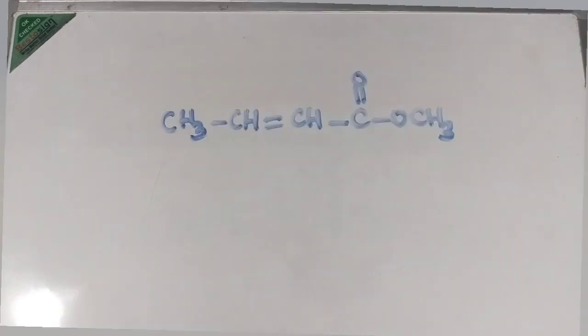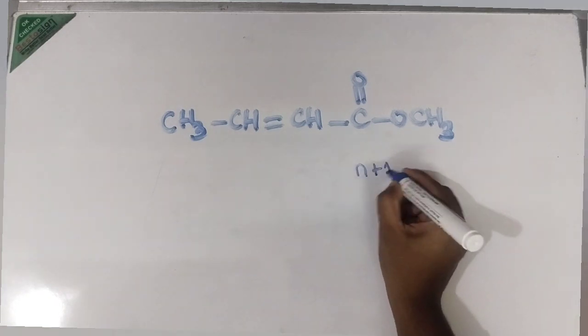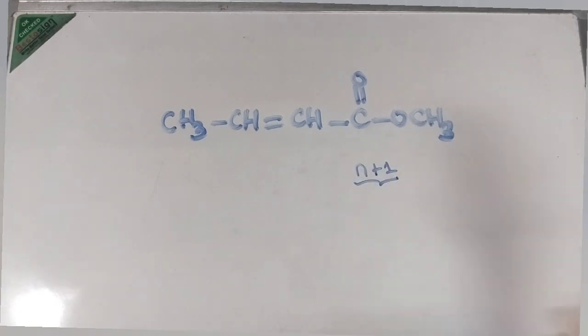Now we are going to predict the multiplicity. Carbon 13 multiplicity. Generally, what is multiplicity? You find it using the n plus 1 rule, right? In proton NMR, you look for the number of neighboring protons.